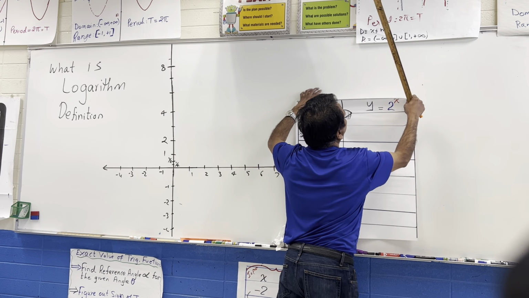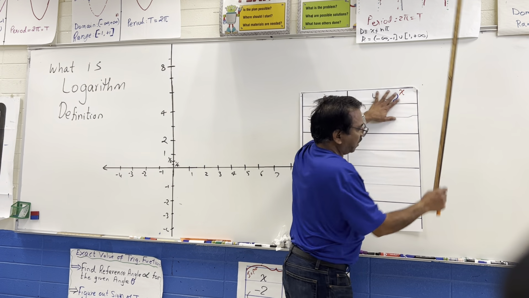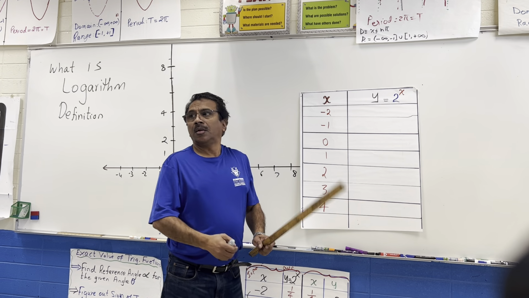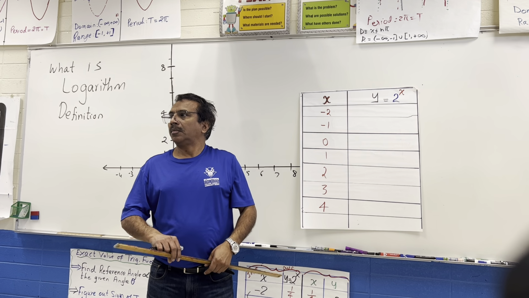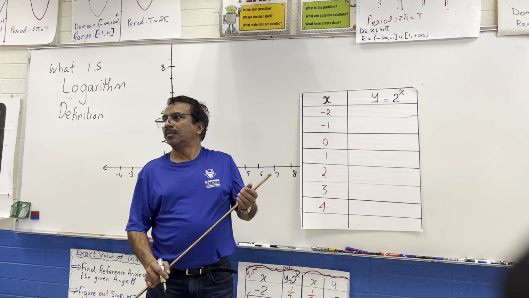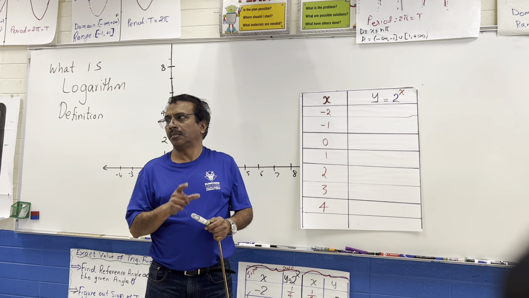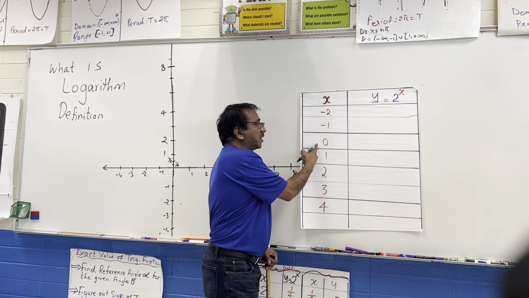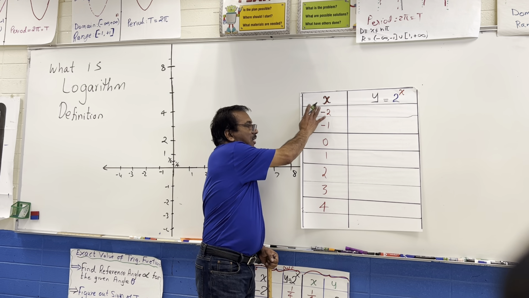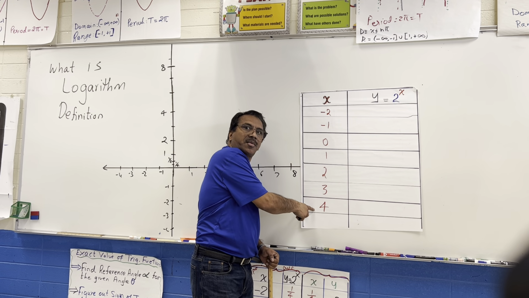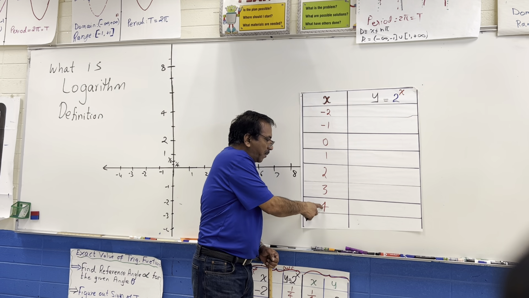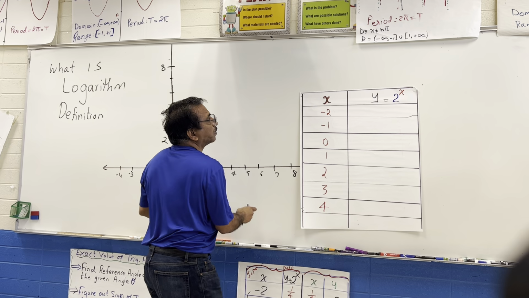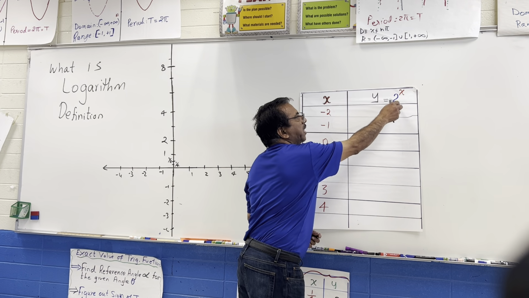So here we have a chart, and this is the input and output. We'll start from the bottom part. The blue color base that I took is 2. So this base we already know.